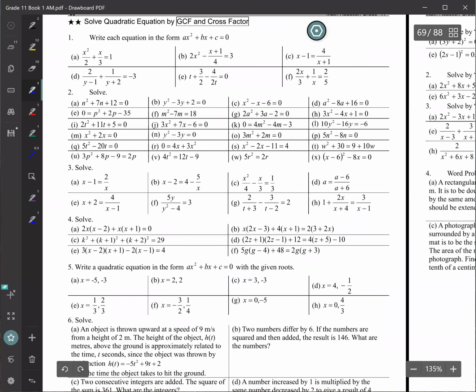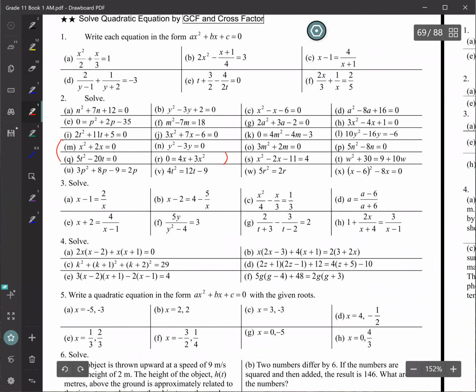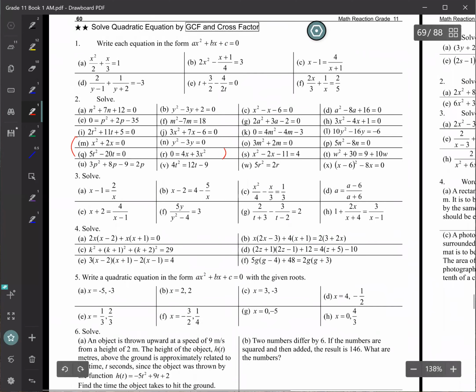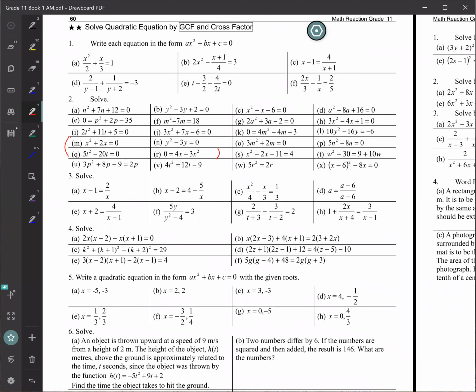Last time I assigned M, N, O, P, Q, R, this part. Those are the ones that have GCF. So today I'll be picking the ones that have 3 terms, like question A. You don't need to do everything. I'll pick a couple of them. The ones that have fractions will be like question 3.